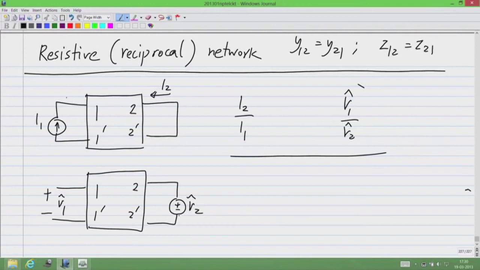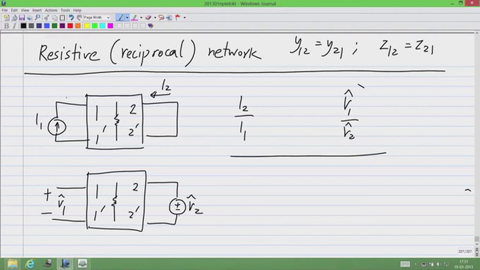We derived this by putting a current on one side and a voltage on the other side.